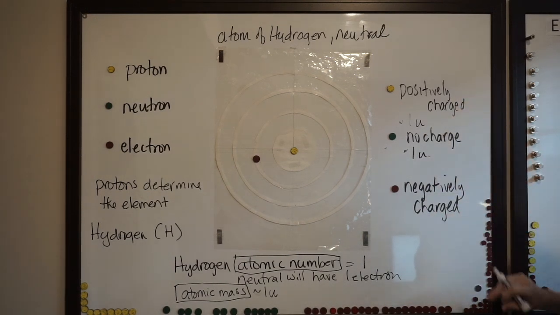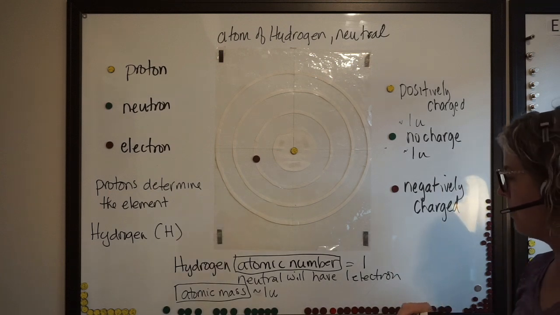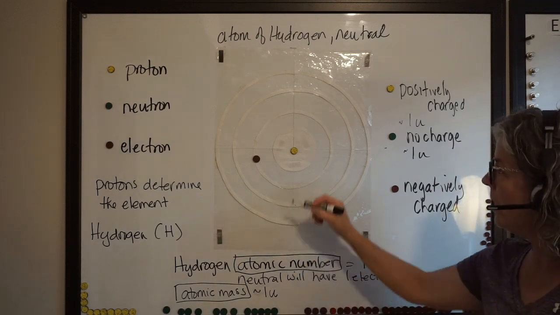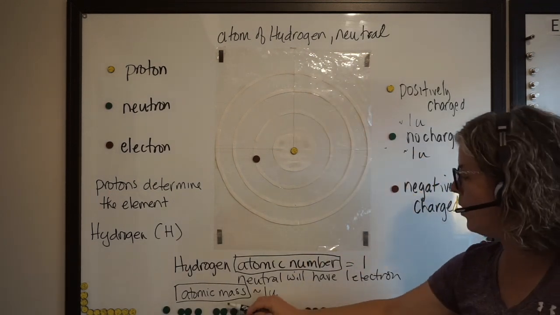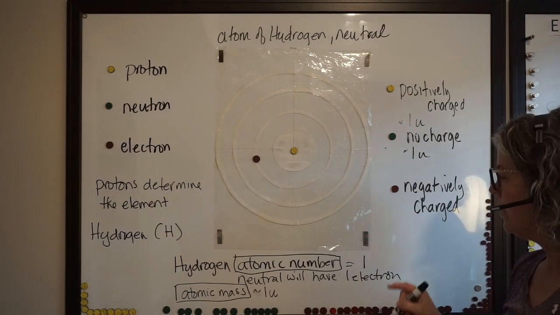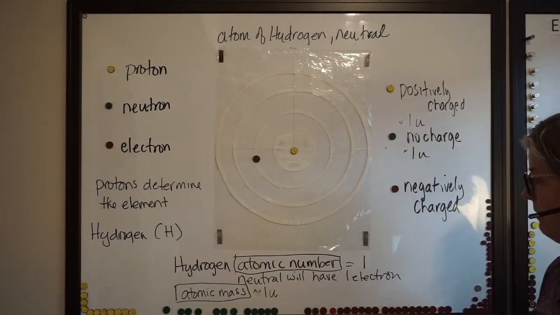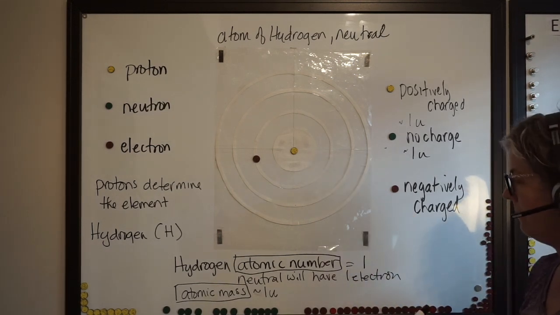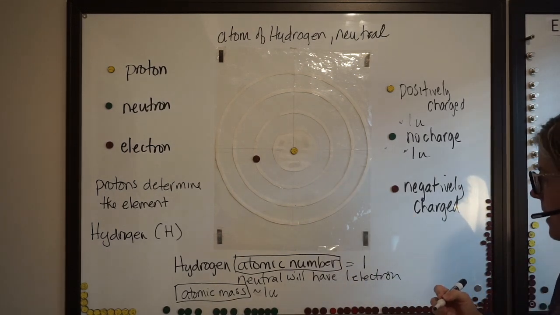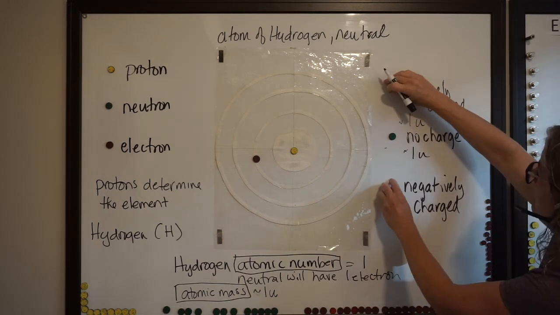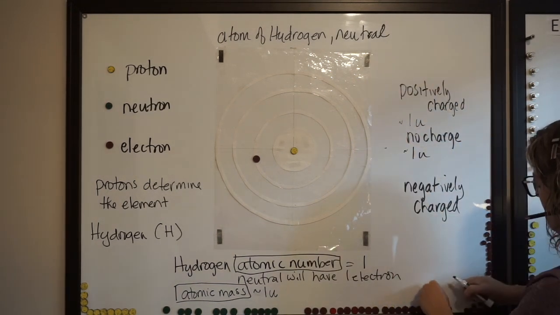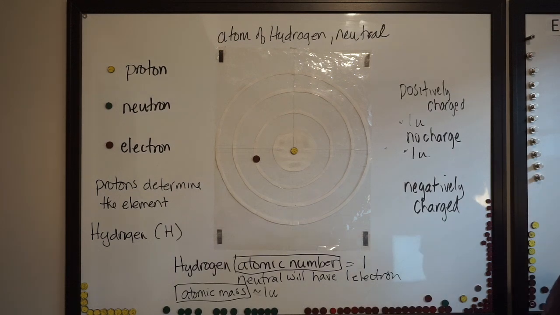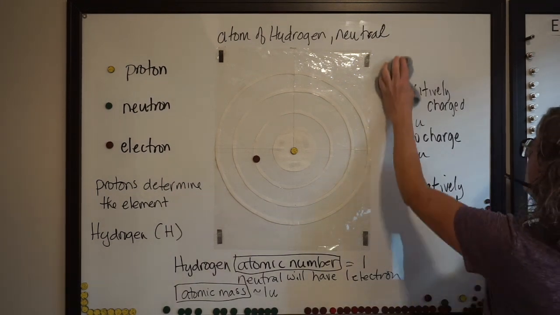And the electron is a very, very small part of that. So if I know that hydrogen has 1 atomic mass unit, I can use some math to figure out how many neutrons I might find in this element. So I'm going to just remove this part here and clean up my space.